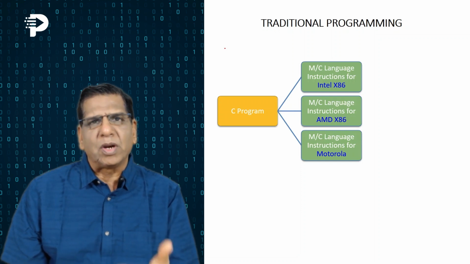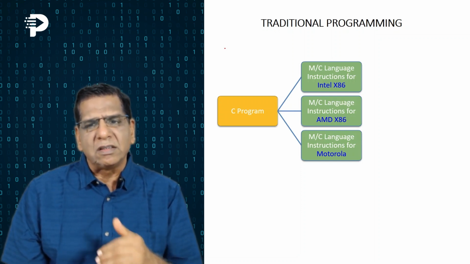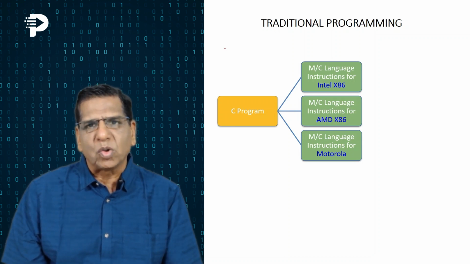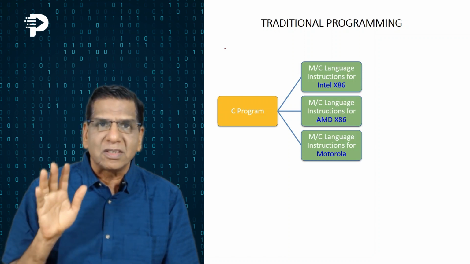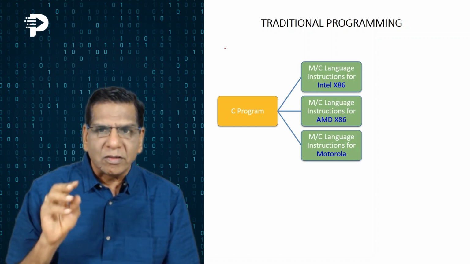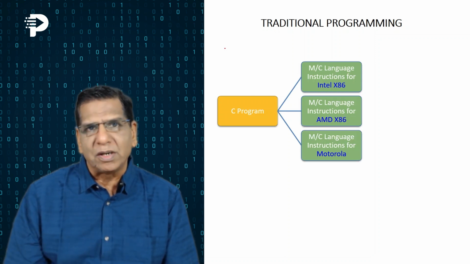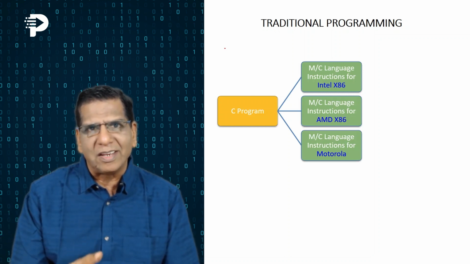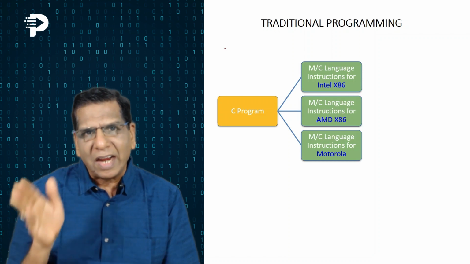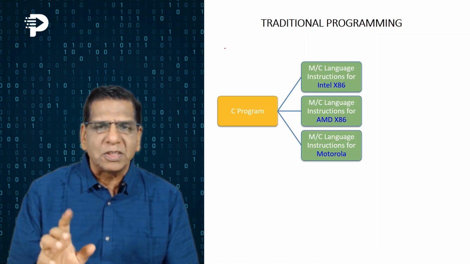Or the same C program can be compiled for creating instructions in machine language as understood by the Motorola microprocessor. The instruction set of each of these microprocessors is different. The one understood by Intel may or may not be understood by Motorola, may or may not be understood by AMD microprocessor. So the same C program will be compiled and targeted towards what? A specific instruction set for a specific microprocessor.